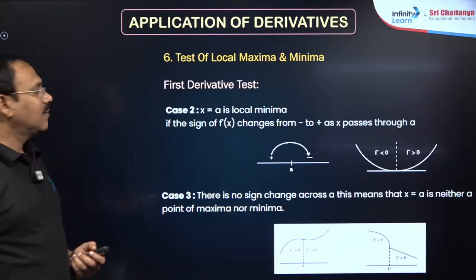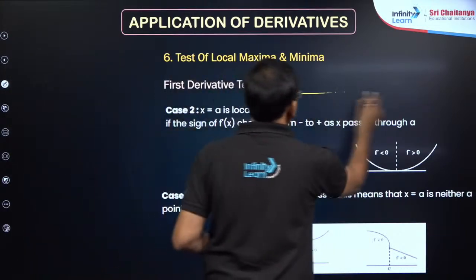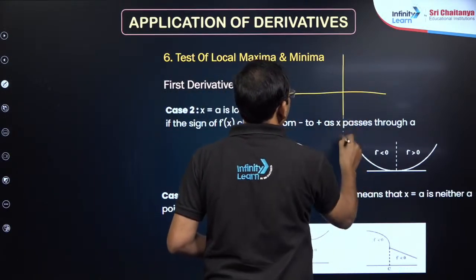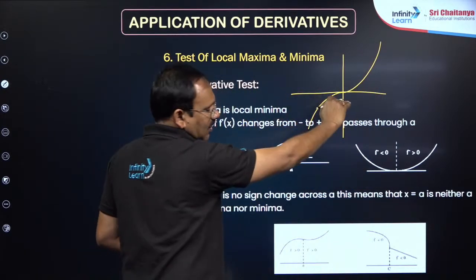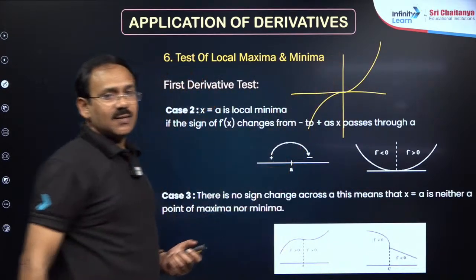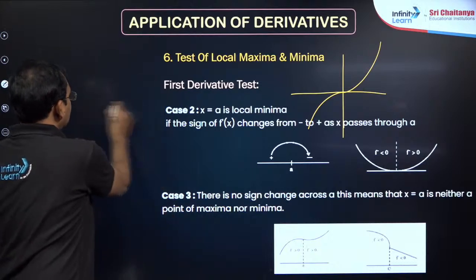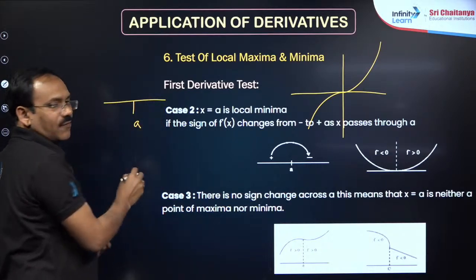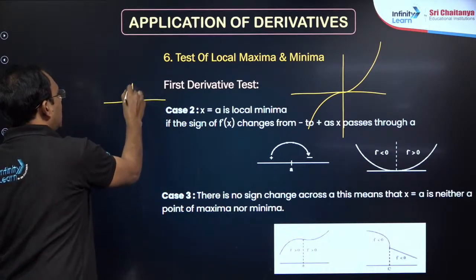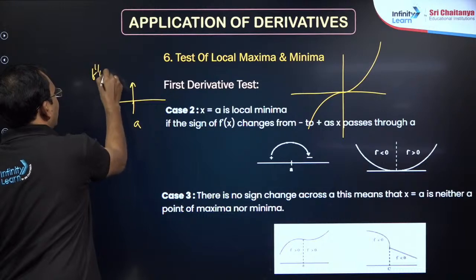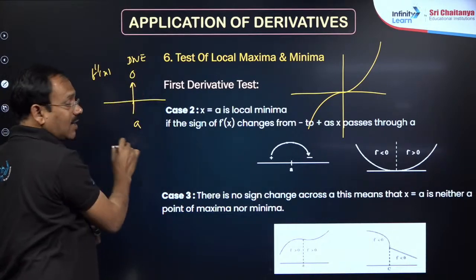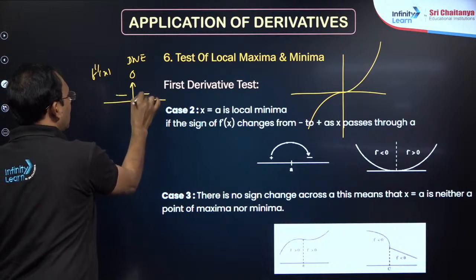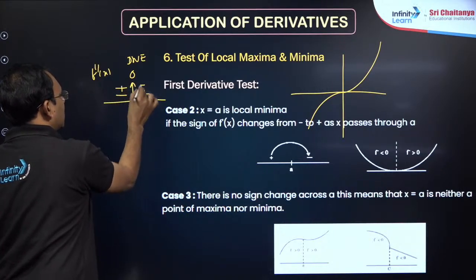Point of inflection means the point where the curve changes its concavity. That means like the x cube curve, it goes like this. Now it is like concave, convex kind of. That is the point. How to identify this? At a point, my dear friends, the second derivative f double dash of x is 0 or does not exist, but the second derivative sign must be opposite, minus to plus or plus to minus.